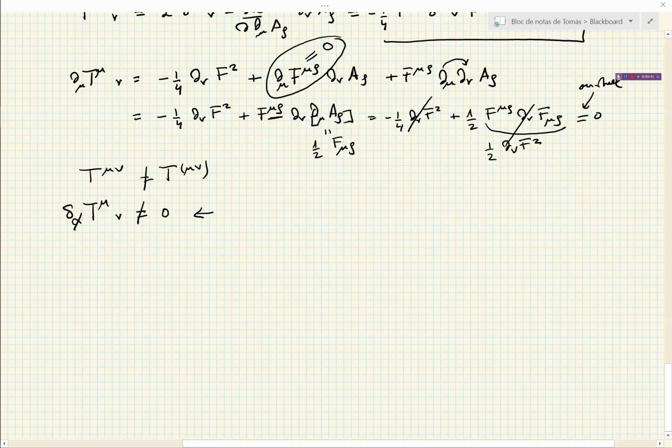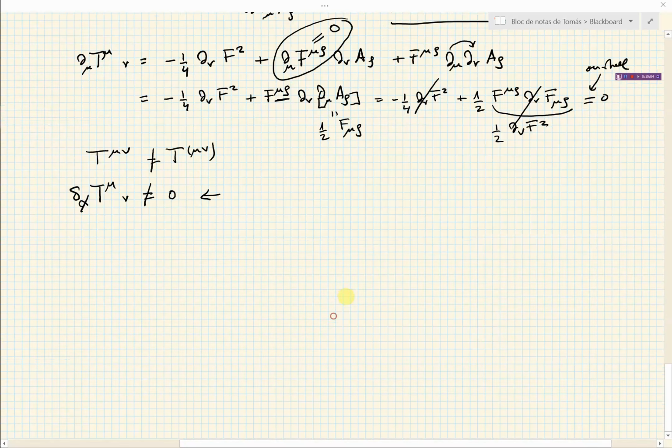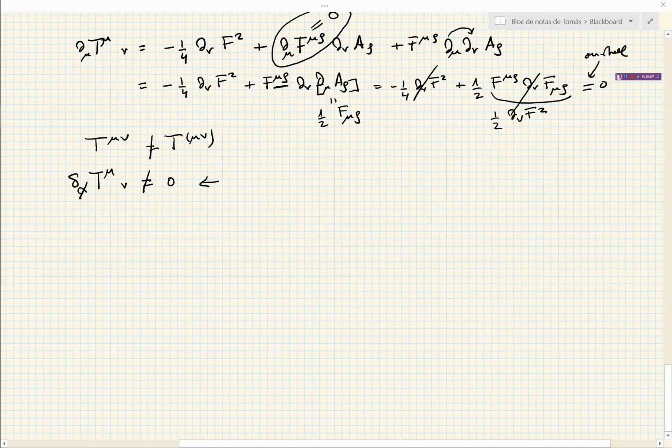The reason I doubt whether to say it or not, because probably you will get more confused, is that a field that has a gauge freedom is not really a tensor in this standard sense. It's a field which is more complicated, and its transformation law under space-time transformations of any kind always involves some kind of gauge transformation.